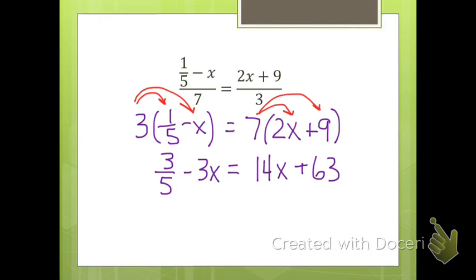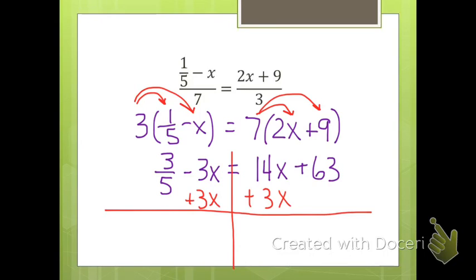And now we can start using the properties of equality to get x by itself. So I'm going to separate my left and right side so I remember to do the same thing to both sides. So a good first step for this would be to add 3x, get rid of that negative x coefficient. So add 3x to both sides, and when I do that, I get an equivalent equation.